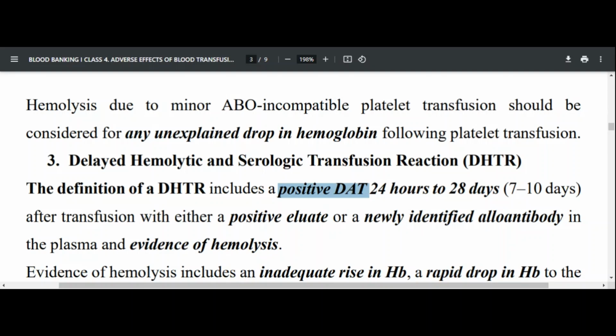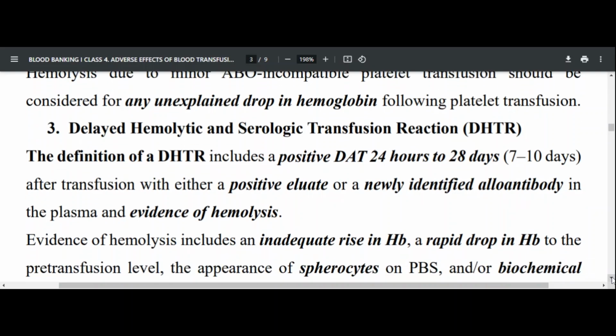Then you have also to confirm newly identified alloantibody, which means just a particular alloantibody that was identified in patient plasma. You can also note that down, and evidence of hemolysis. And what is evidence of hemolysis? So evidence of hemolysis is the inadequate rise of hemoglobin.